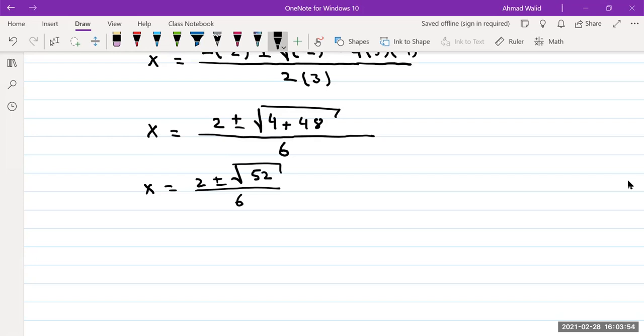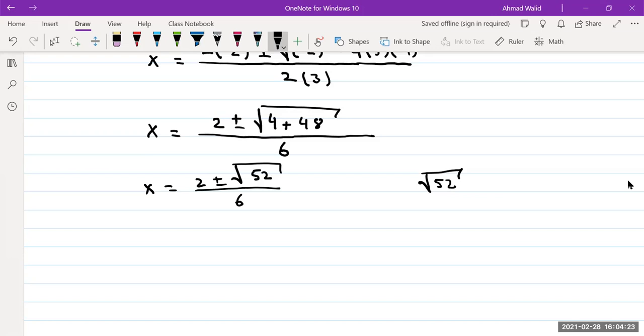what is 52? Can you write a square root of 52? Can you simplify this square root? If you remember in intermediate algebra, when your professor, your teacher taught you radicals, you can simplify a radical if it's possible as a radical times a number, correct?